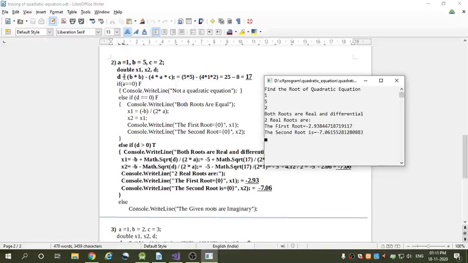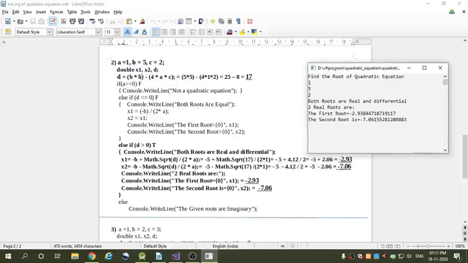After that d is equal to b into b minus 4 into a into c, and b is 5, so 5 into 5 minus 4 into a value 1 and c value 2. 4 into 1 into 2 is 8 and 5 into 5 is 25. So 25 minus 8 is 17, and that 17 will be stored in this d.